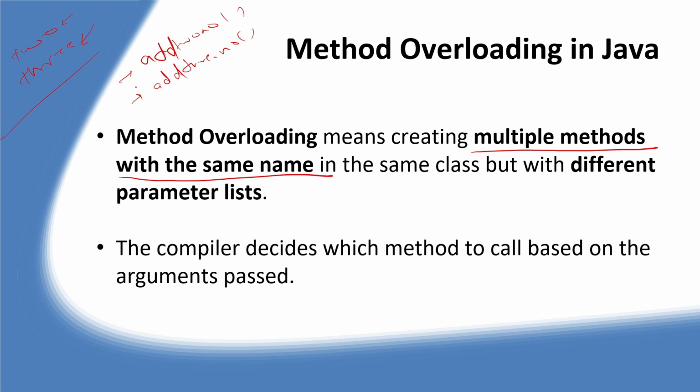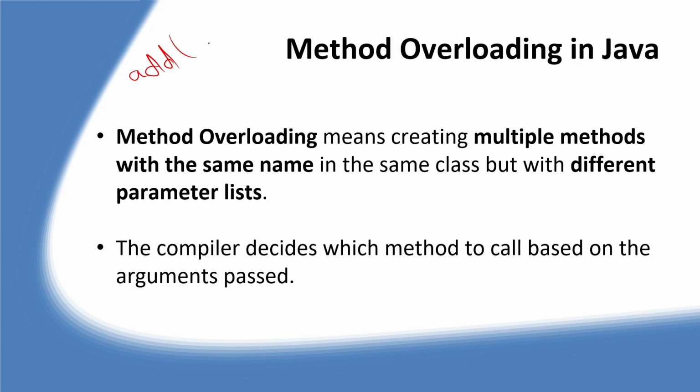So instead of doing these things, what can we do? We can define one method name and use it for both the two-number and three-number requirements. The method name will be the same, and we will define a similar method with the same name, but the number of parameters will be different.